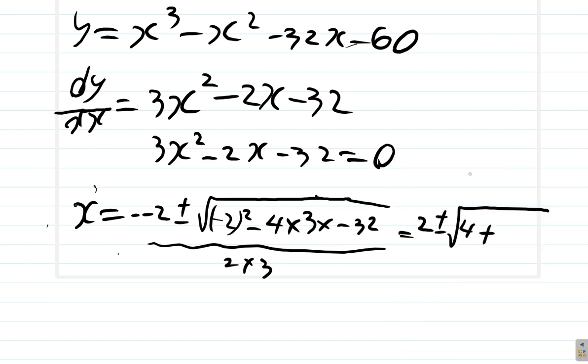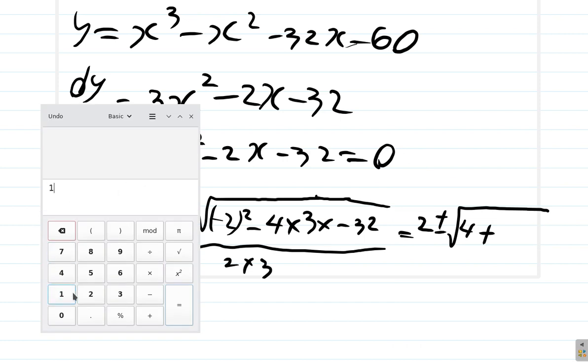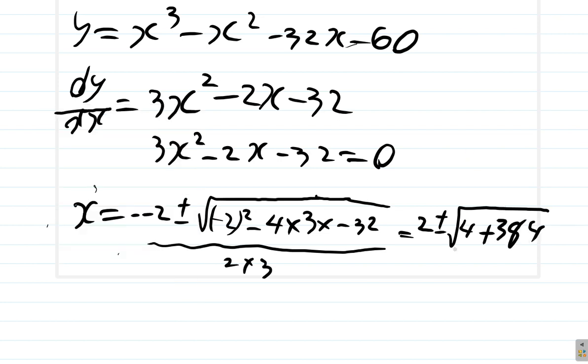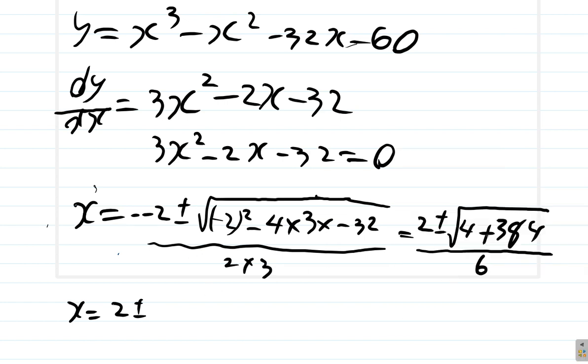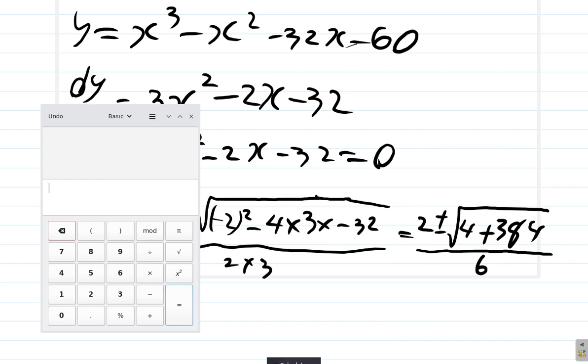What is 12 by 32? 12 by 32 equals 384. We have 384 over 2 by 3 is 6. Alright? So x equals 2 plus and minus the square root of, it would be 384 plus 4, which is 388. We're finding the square root of 388 here.